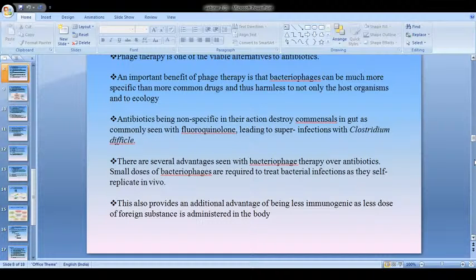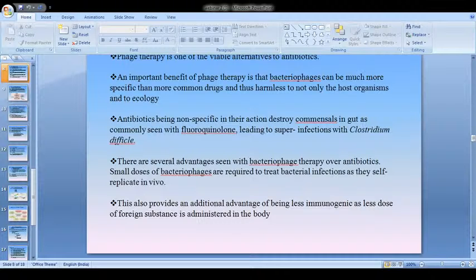These bacteriophages have high specificity in killing particular bacteria and leaving the other useful bacteria unharmed. This property is especially useful for killing the pathogens without altering the gut flora.